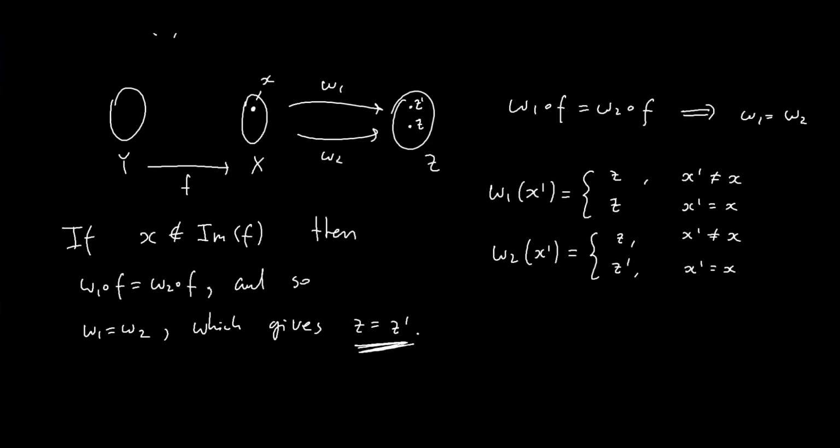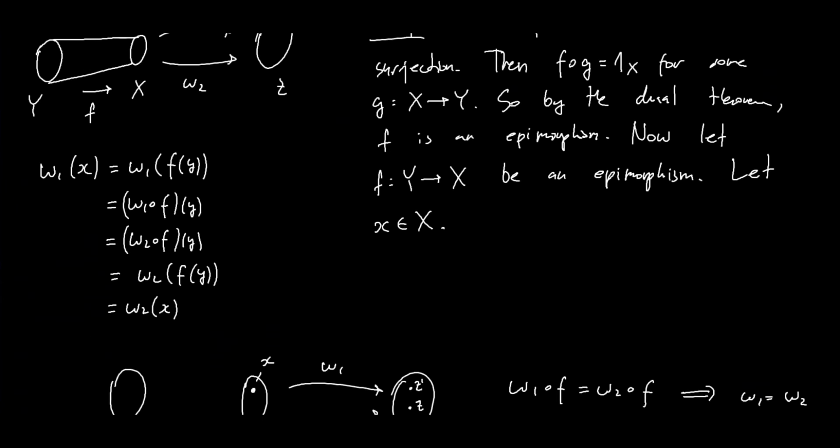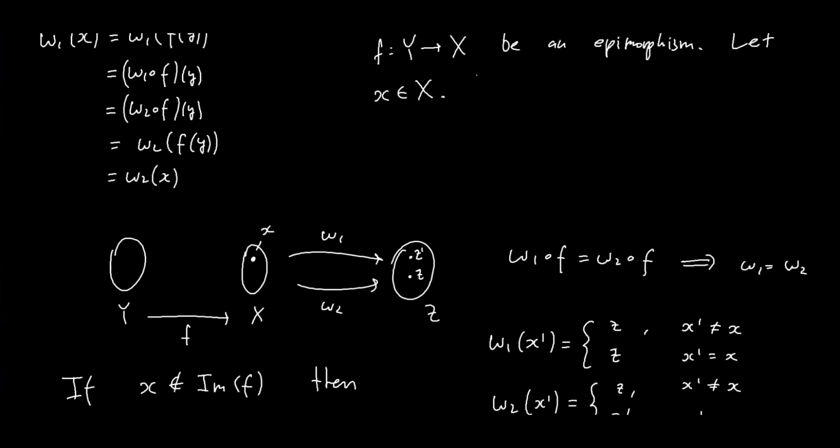So if we start off with two different z's, z and z prime, then we can't have x not being in the image of f. And of course, we can start with two different z's. We can just take a set with two elements and define w1 and w2 the way we have defined it, and hence force x to be actually in the image of f. So the assumption that x is not in the image of f leads to a contradiction.